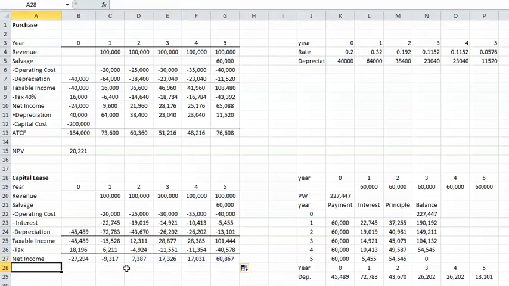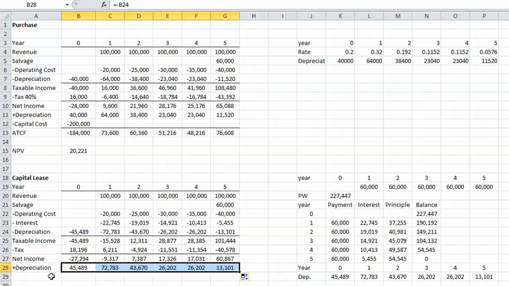I add back the depreciation, with the positive sign, so I will multiply this with a negative sign. So I'm going to have this one.